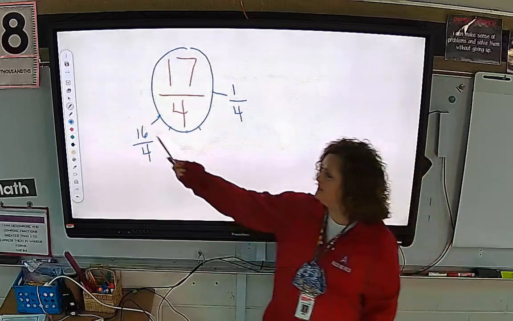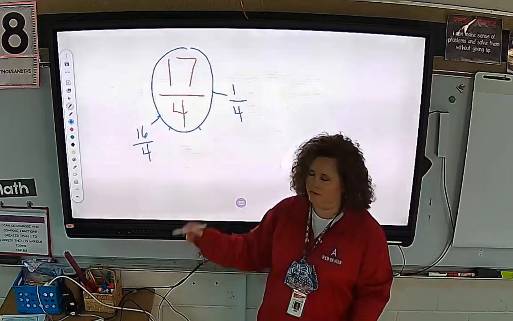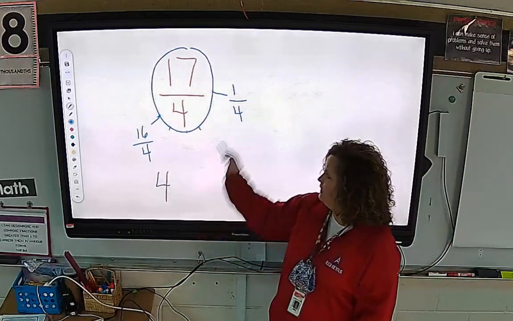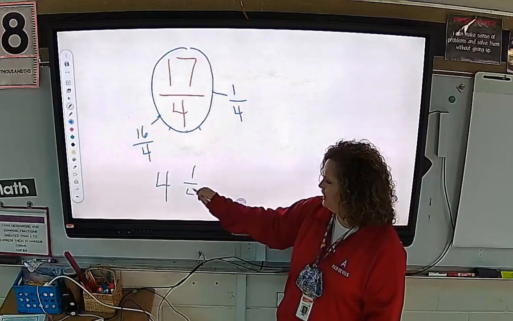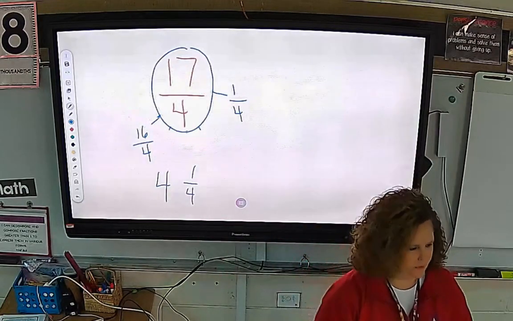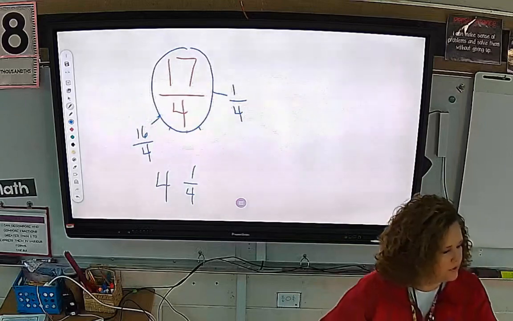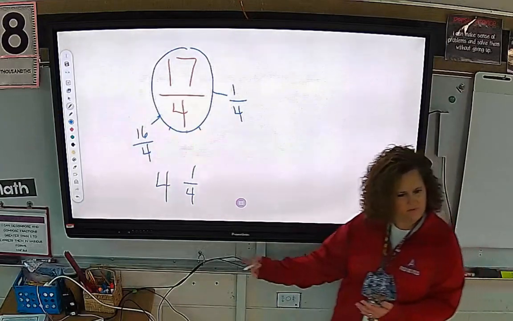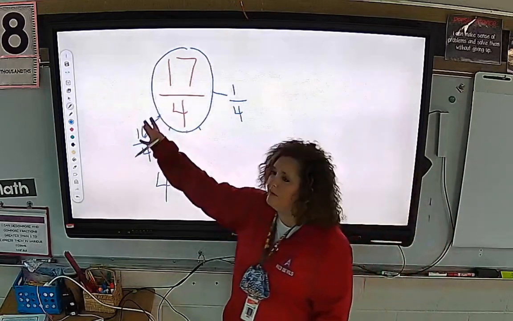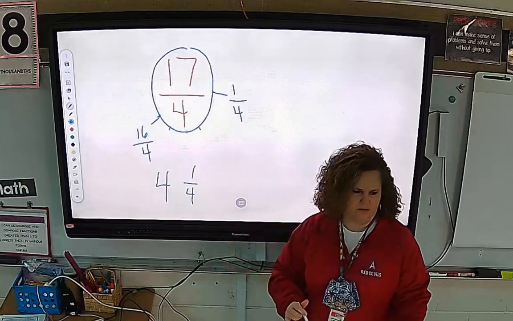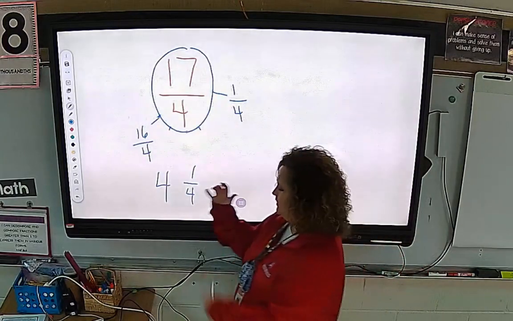So that's like 16 divided by 4. Well, what does that equal? 4 and the 1/4. I have seen that showing up in a few places, so if that's where you're comfortable, that is fine to do. If you are more comfortable writing out every set of 4/4, do that, because that's what most of us are doing right now. Okay.